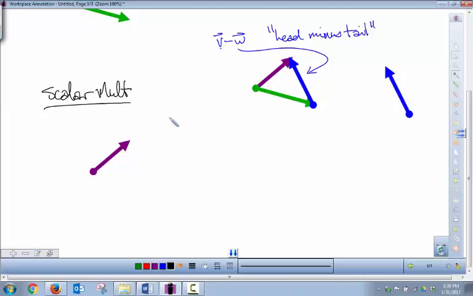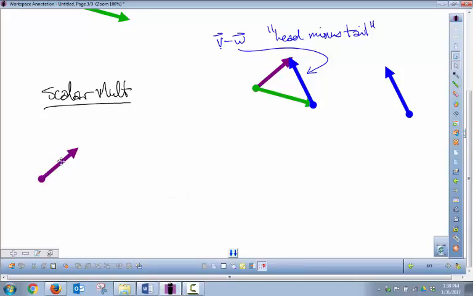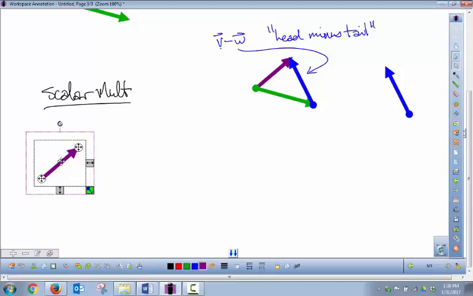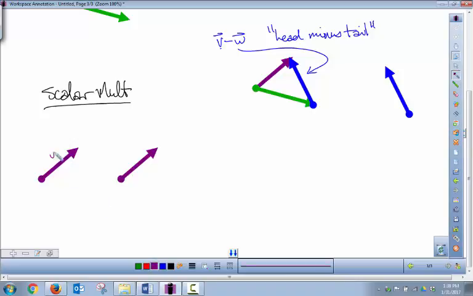So let's pick a scalar like 2. 2 is usually a nice scalar. 1's a nice scalar, but it's kind of boring. And we start off with our vector v. Now let's multiply this vector v by a scalar 2. And what happens when you do that is that you essentially double it.